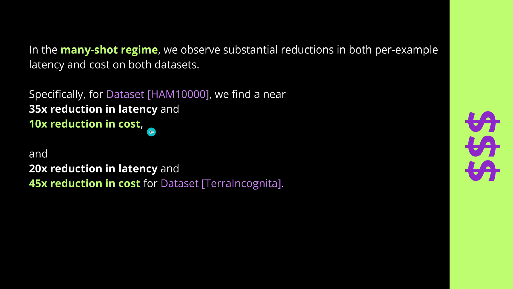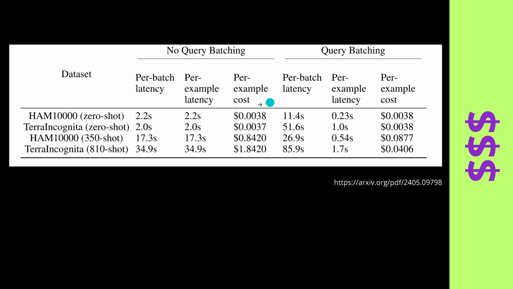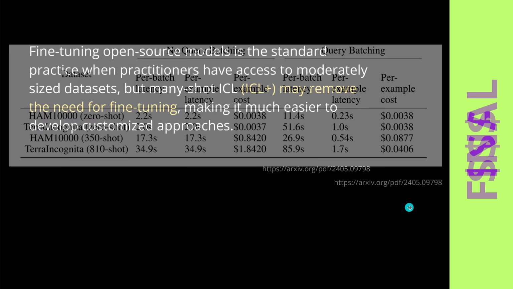And for the other dataset, there's a 20 times reduction in the latency and a 45 times reduction in cost. Now, this is significant. This is exactly what we need to be faster, better, and cheaper. Isn't this fascinating? If you want to have the exact numbers, here they are.